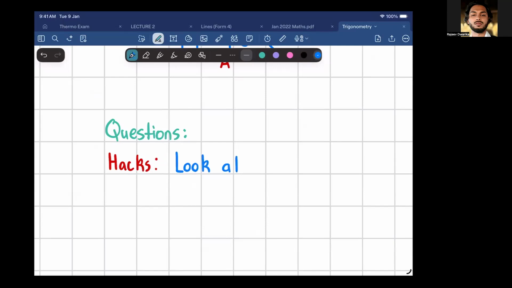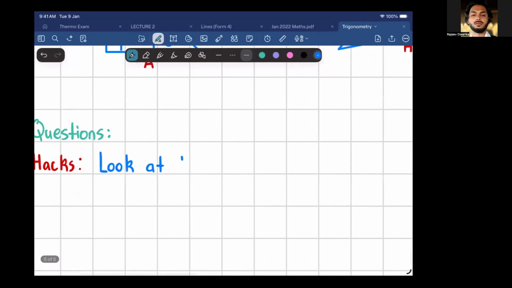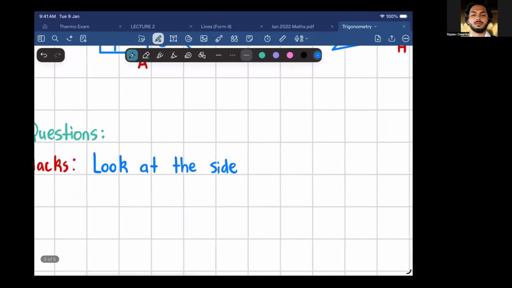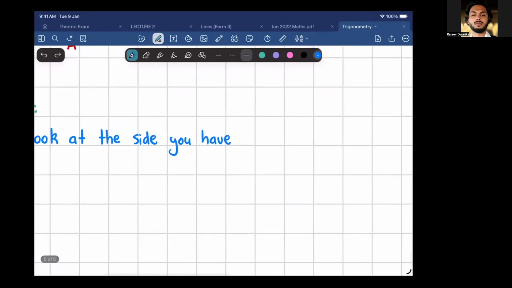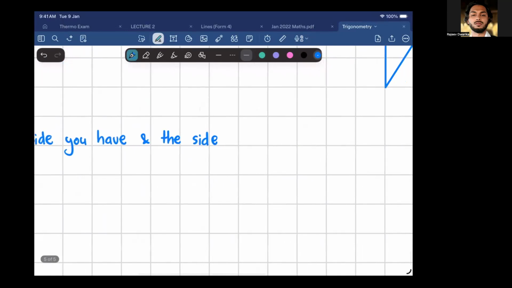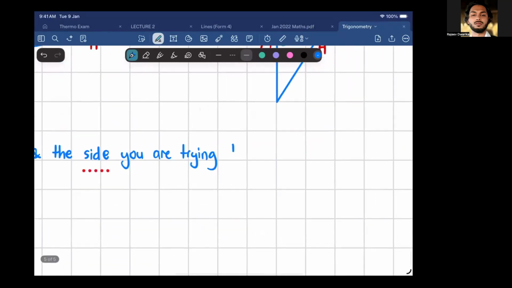Look at the side you have and the side you are trying to find for.